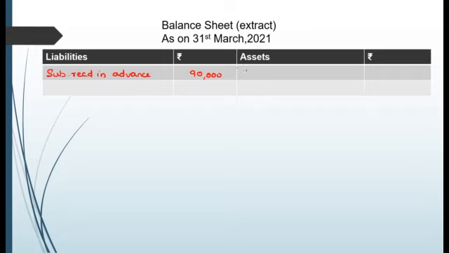Whereas on the asset side, you have subscription outstanding of 60,000. So this is the way the relevant data would be reflected in the balance sheet of the NPO. So with that, your solution for this particular question would be complete. So hope it is clear.